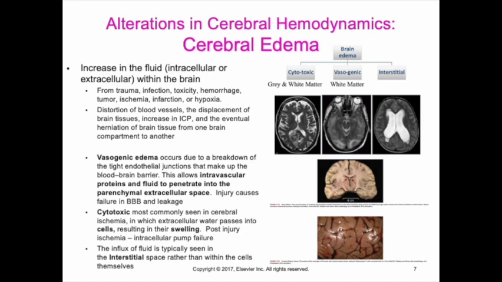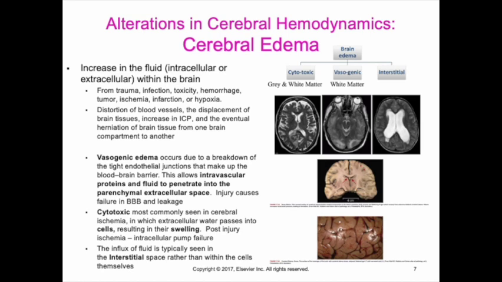Now, cytotoxic is the most common type seen in cerebral ischemia, and this is where extracellular water passes through the cells, resulting in cellular swelling. This is why we got the term cytotoxic.